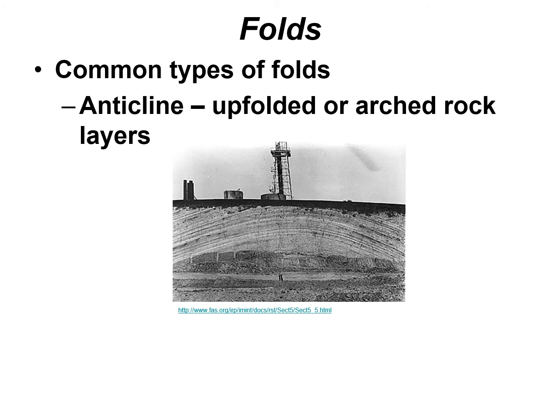So for an arch-shaped fold, the axis, the middle of the hinge, is above the limbs. You can remember arch for anticline. In the past, these were really important for the oil industry because a lot of oil tended to wind up in anticlines.